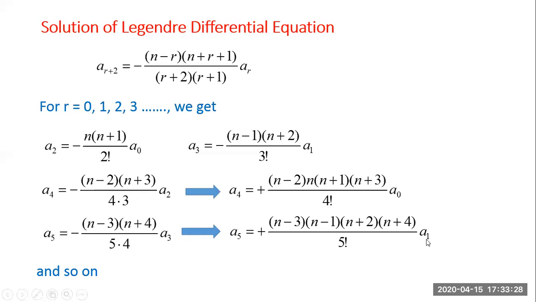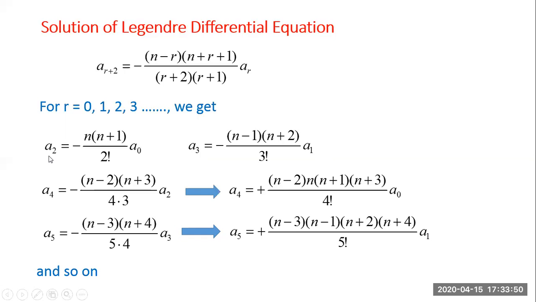So once you get a2 in terms of a0, we are getting a3 in terms of a1, a4 in terms of a0, a5 in terms of a1. Means all a's with even suffixes we get in terms of a0. All a's with odd suffixes we are getting in terms of a1.